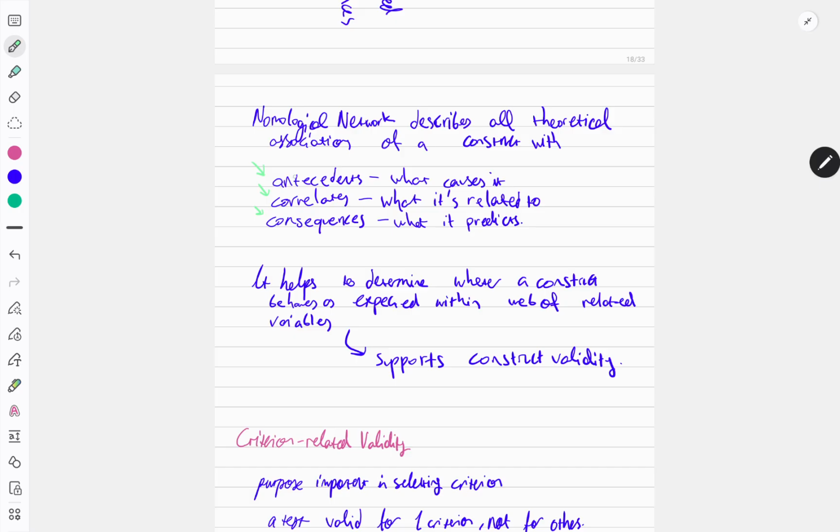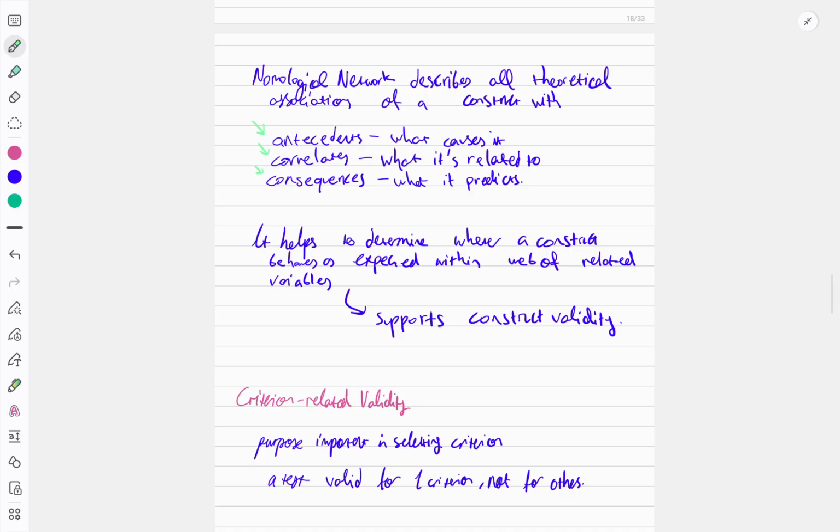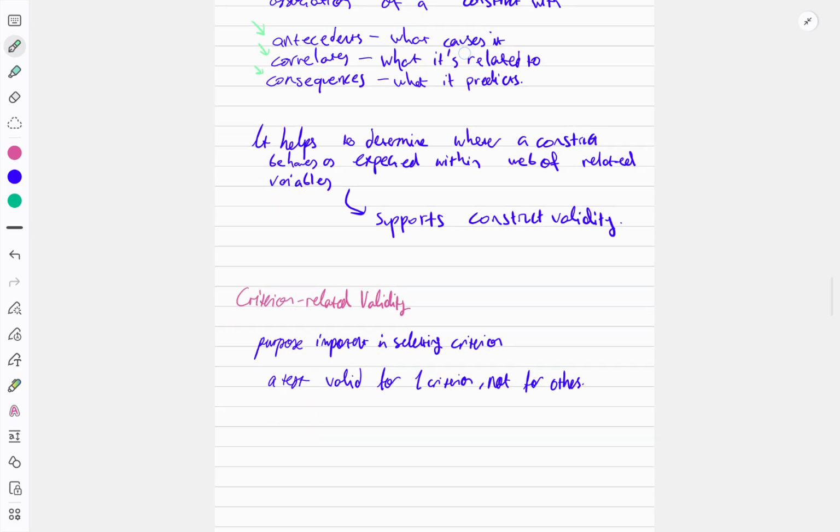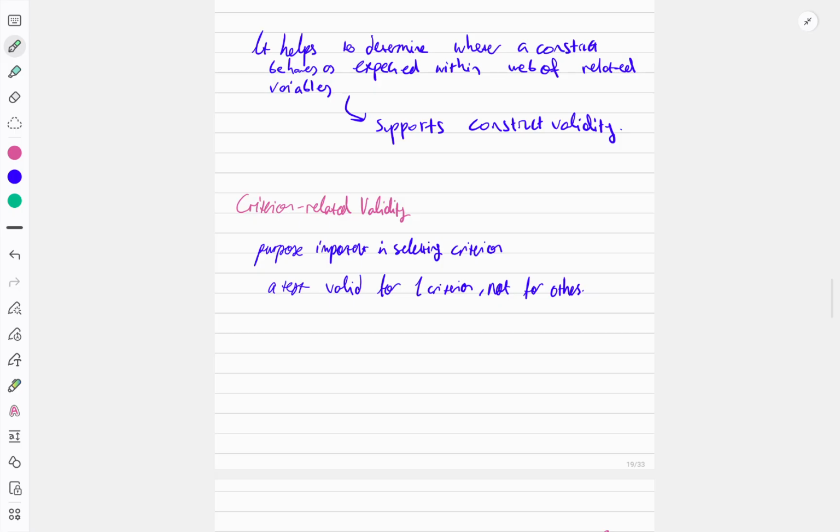As we said earlier, antecedents are what causes our item, correlates are what is related to our item, and consequences are what our item predicts. It helps to determine whether a construct behaves as expected within a web of related variables. It supports construct validity.